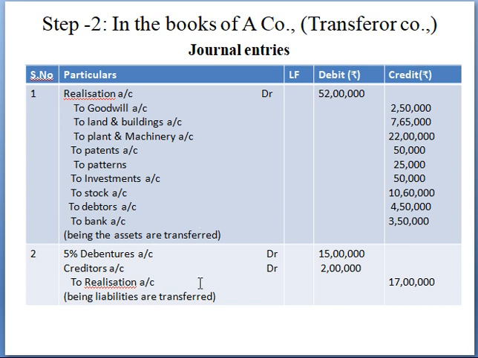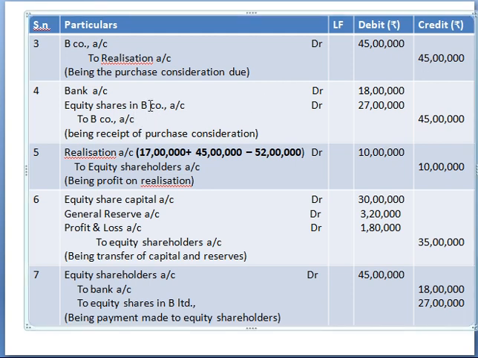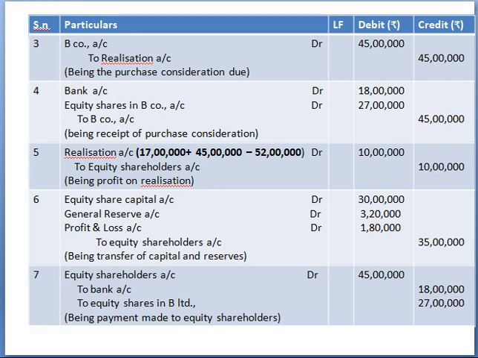Your second entry, credit balance 17 lakhs, and the third entry credit is 45, which means you will get 62 lakhs in your credit balance. In your fourth entry there is no realization account, right? So total credit is 62 lakhs, your debit is 52, which means your credit shows the higher amount, which means profit, right?